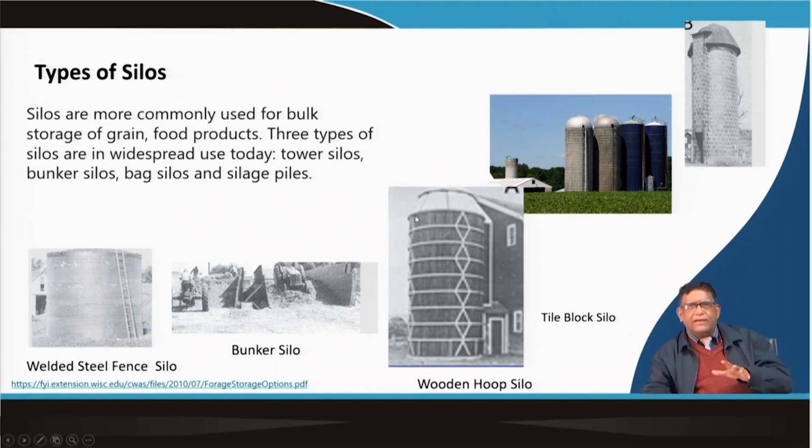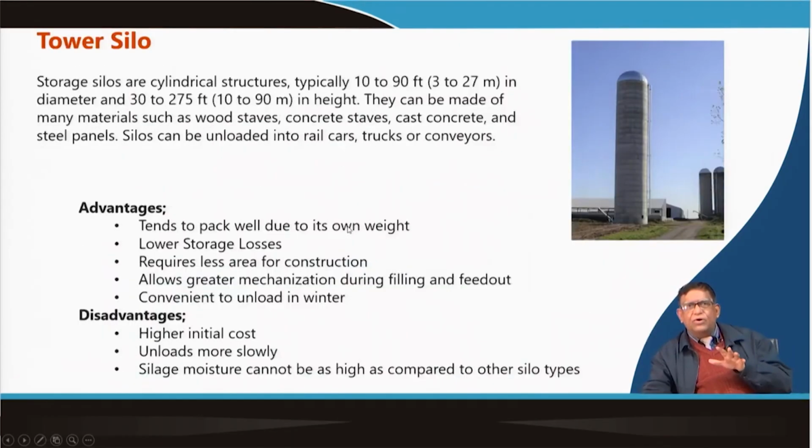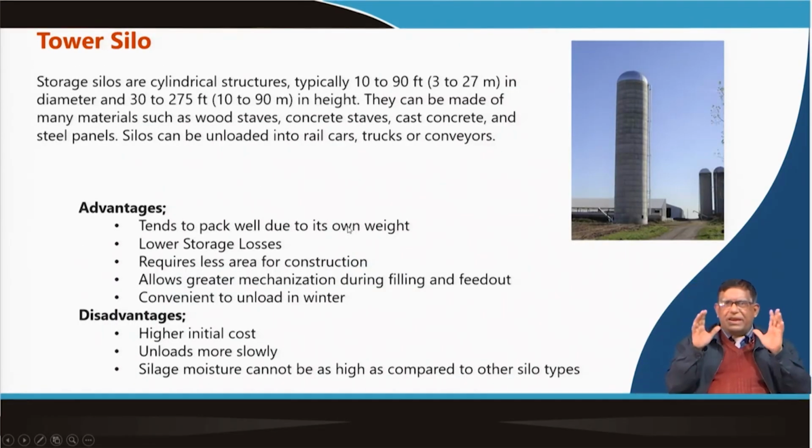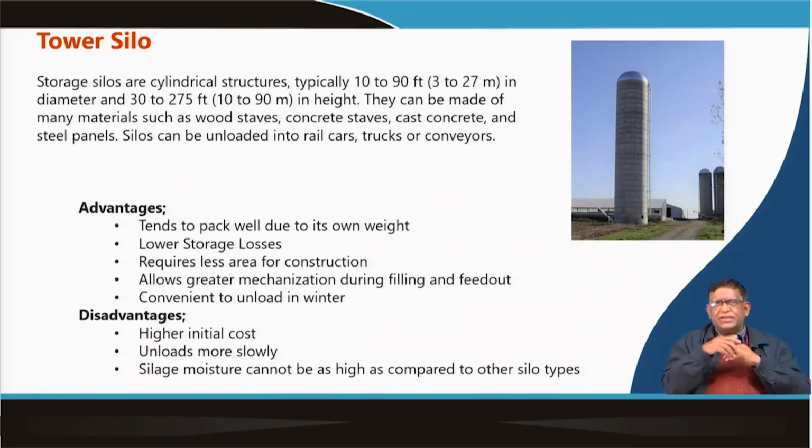But in this, we can have three main types: the tower silo, the bag silo and the silo piles. A tower silo you can see as a gigantic tower in which the material is fed.